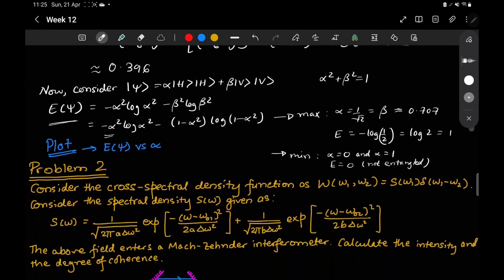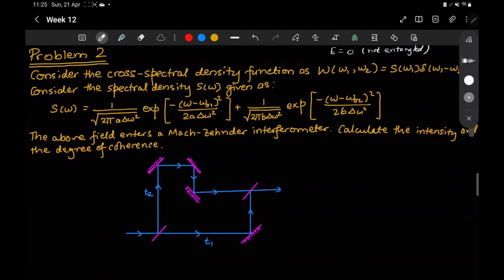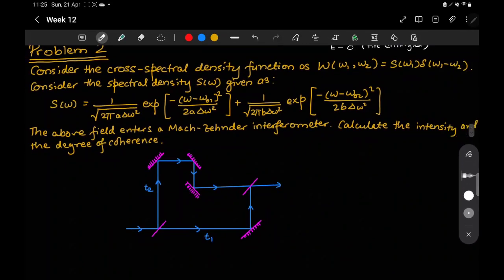Okay, so let us now proceed to problem number 2. Consider the cross-spectral density function as W omega 1 omega 2 equals S omega 1 delta omega 1 minus omega 2. So that means no correlation between the two frequencies, or a stationary state.